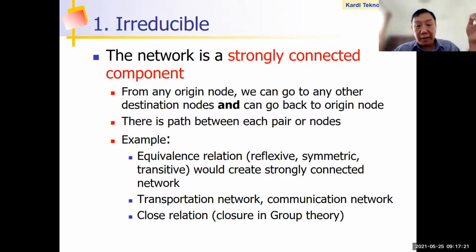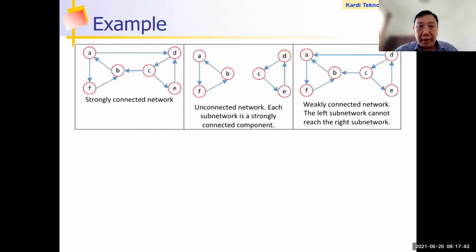A transportation network is an example of this, a communication network is an example of this, and closed relations in group theory are also an example of this. Any problem that can be put into a strongly connected network, you can use IFN, right? I think I already discussed this.